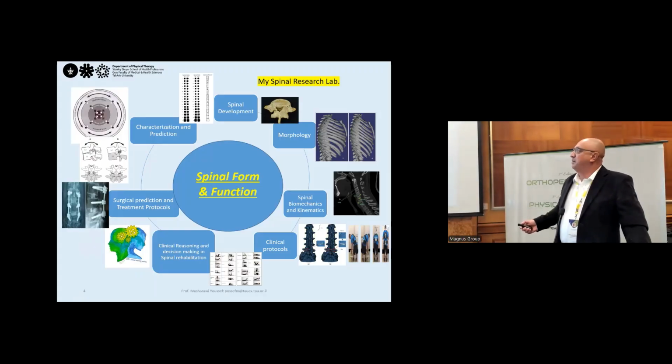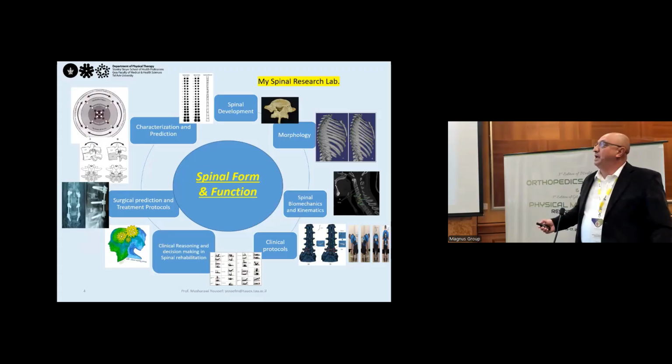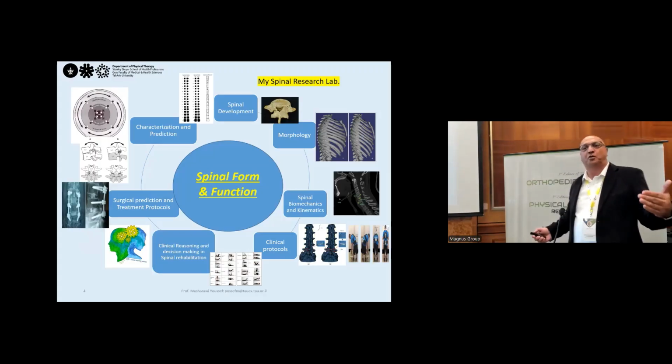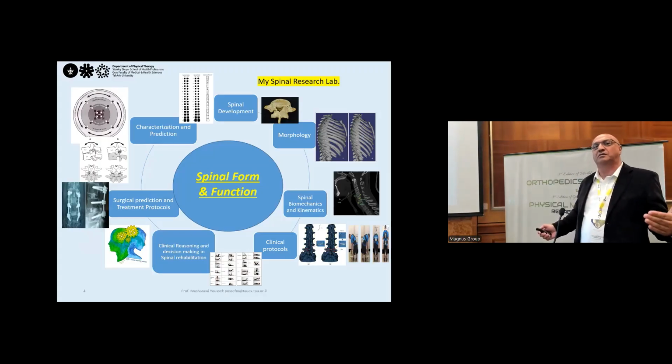So when we check the spinal form, we can really try to understand what comes first, the egg or the chicken. For example, in spondylosis, we don't know which is the egg and which is the chicken, whether it was there at 4, 5, or 6 years old. Do you know that at 5, 6 years old the spondylosis is there?